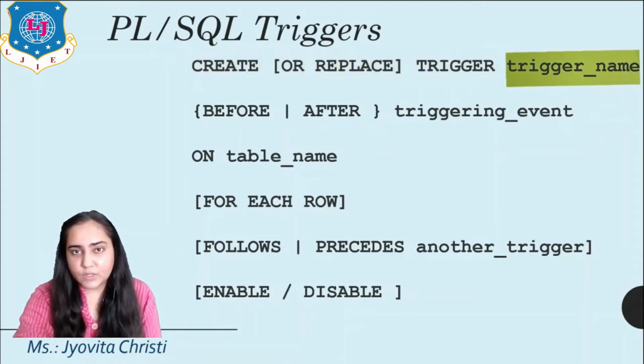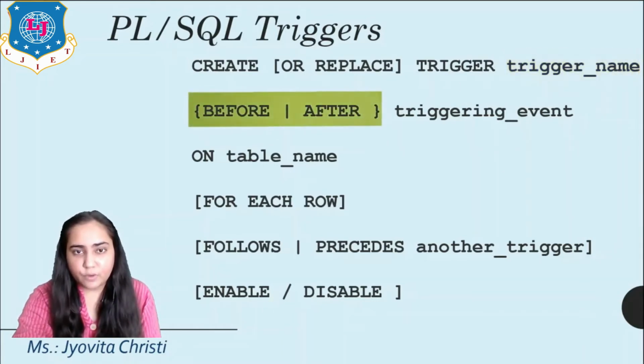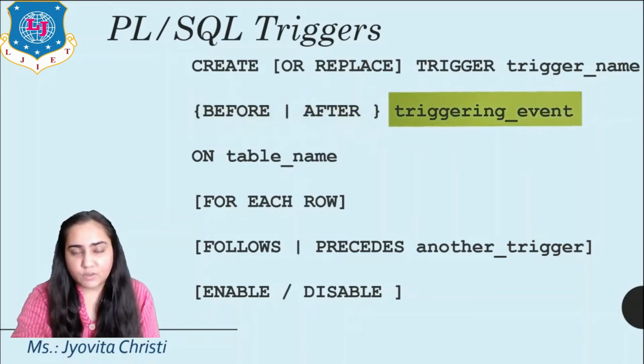And that brings us to the name of the trigger. You can name your trigger anything you like, just like you would name any identifier in PLSQL. The next part is the before or after. So this is where you specify when you want your trigger to execute. Is it before some event or is it after some event? And the next thing is the triggering event.